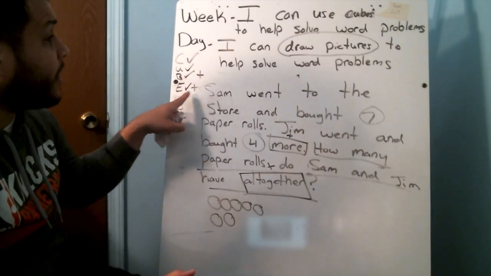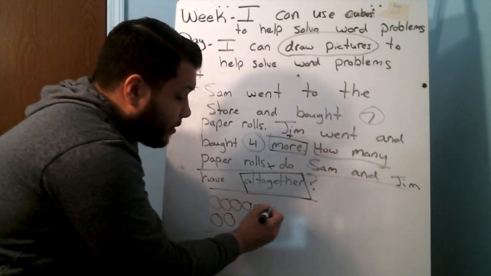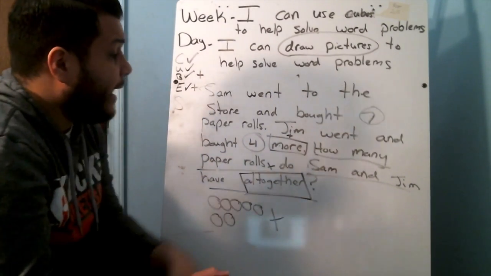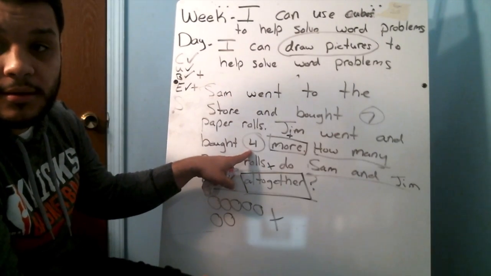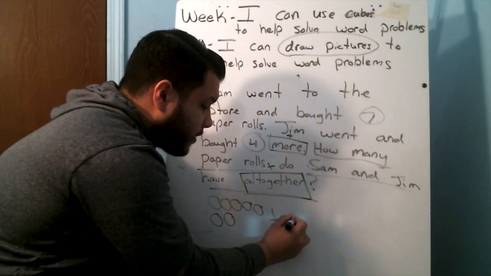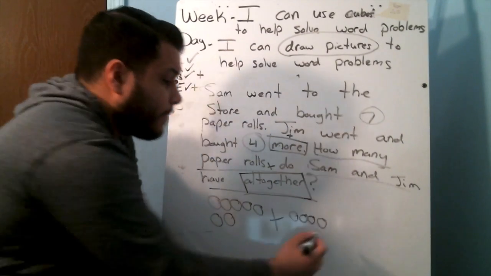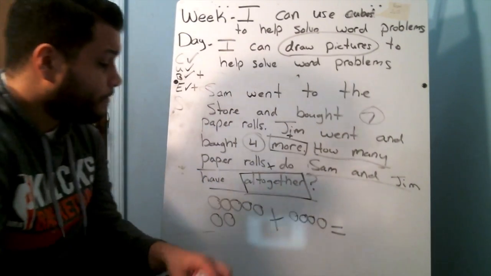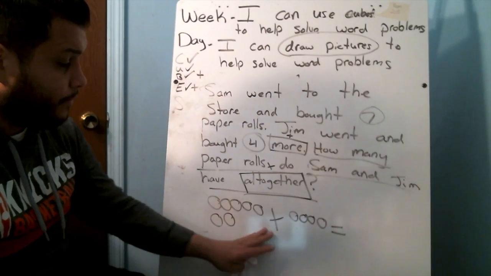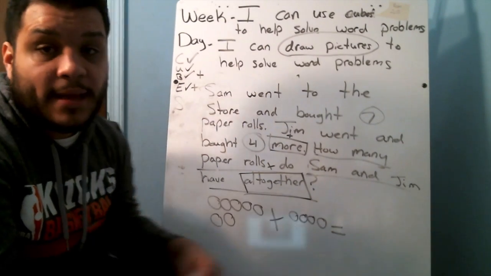We said that we are going to add, so I'll put a plus sign here. And what is my second number? Yes, 4. 1, 2, 3, 4. Now what I'm going to do is put my part plus my other part to give me my whole.